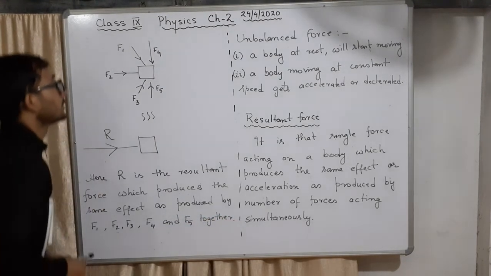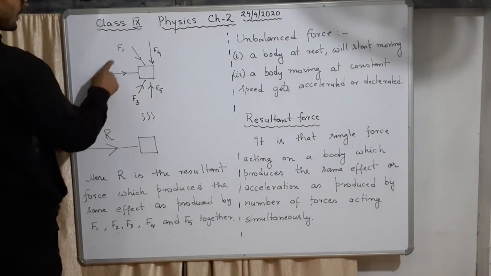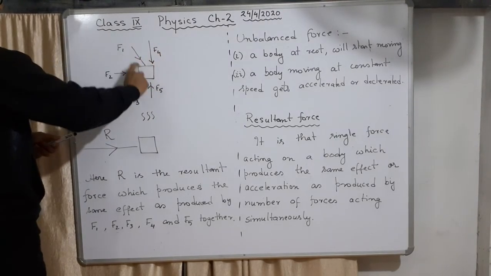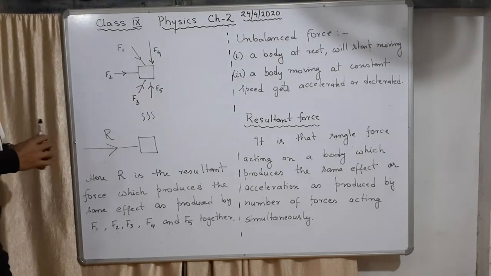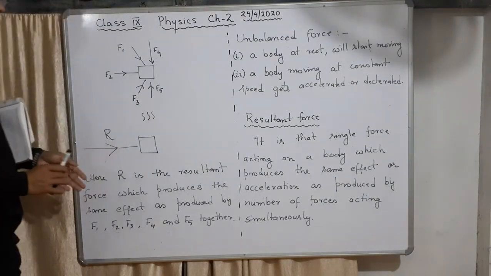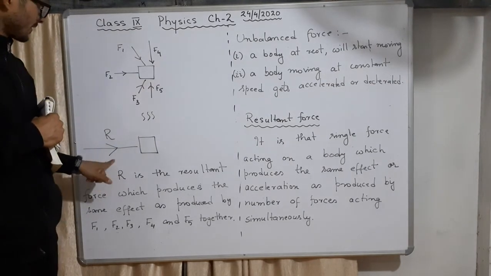So it may be 10, 5, 10, 5, 10, 15, 20, like that. Some will cancel, some will somewhat cancel, and whatever remains, the value is not important. The final value R will act in the same way as all these are acting together.